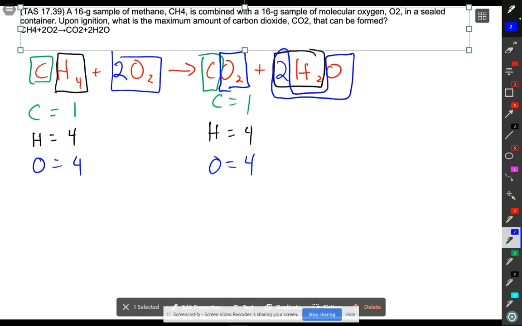Now, the second is upon ignition. What does that arrow mean? It's a reaction that goes from the left side to the right side. And what is this reaction?